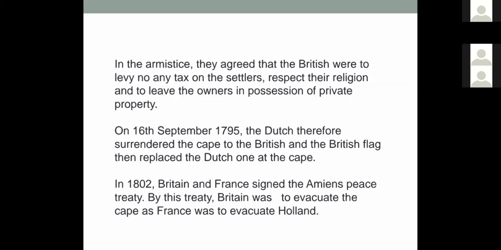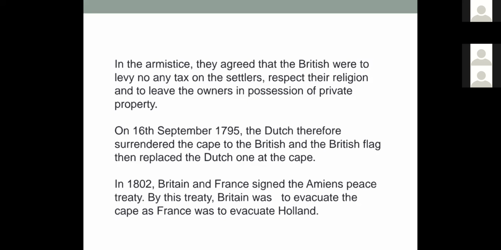You can look at the spelling, Amiens treaty, not arms. So it had nothing to do with arms. In most cases, treaties are named after places where they have been signed. When we say Buganda Agreement of 1900, it means it was signed in Buganda in most cases. So this has nothing to do with arms.